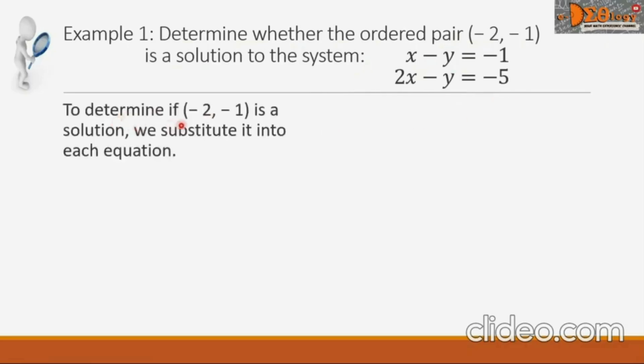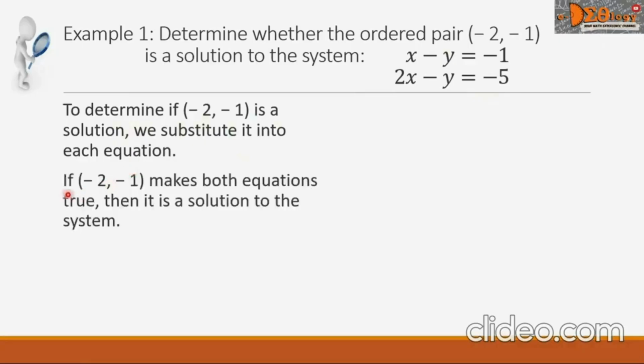To determine if the ordered pair (-2, -1) is a solution, we substitute it into each equation. If it makes both equations true, then it is a solution to the system.